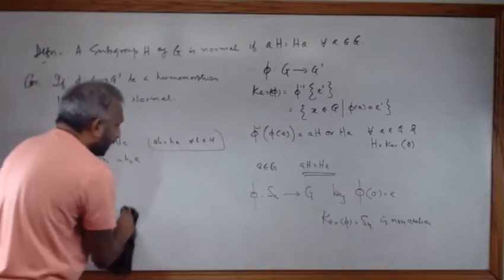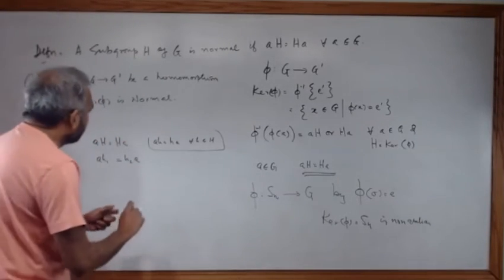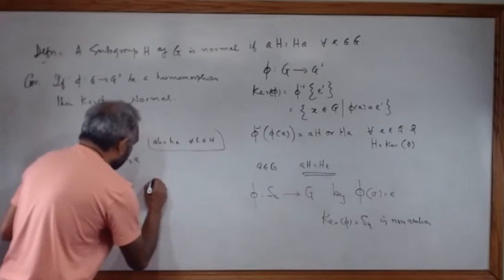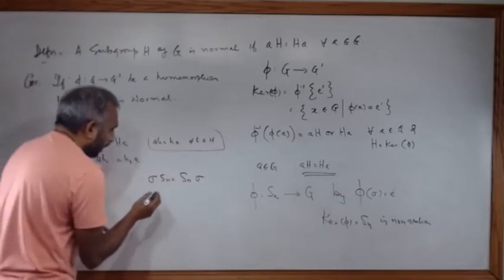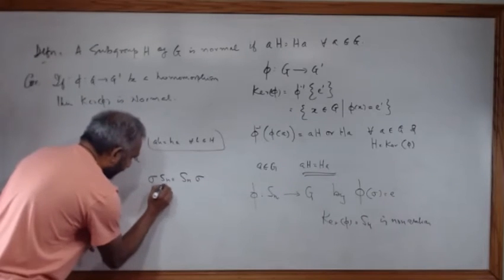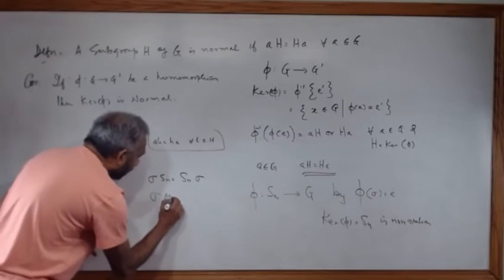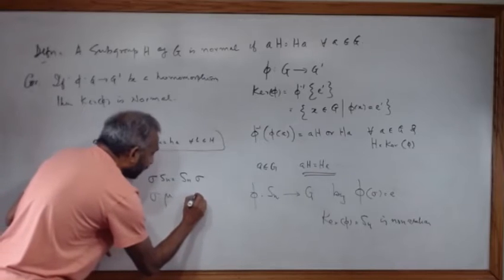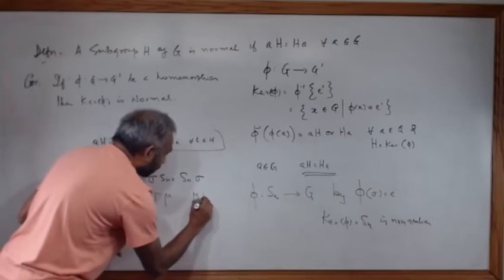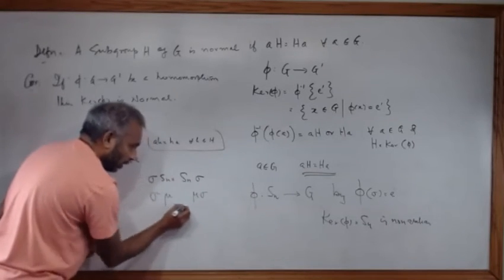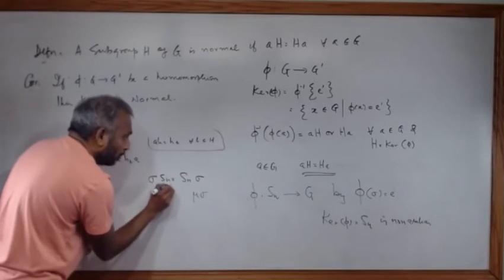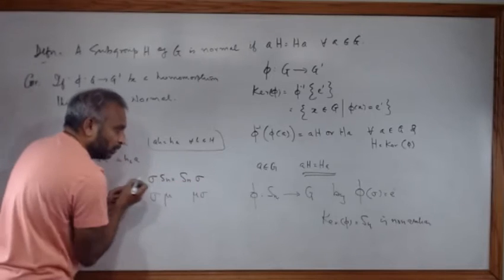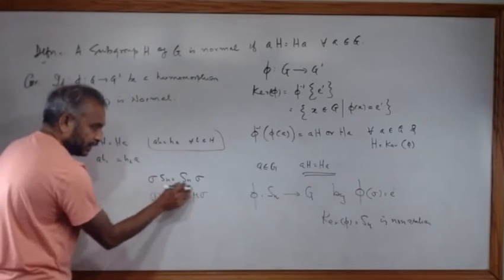Sn times sigma. What it means here is sigma Sn is equal to Sn sigma. That does not mean that if you take an element here, let's say mu, and here it is mu sigma, these need to be equal. If you take a mu here, we'll find another mu here so that they are equal. That's what this says.